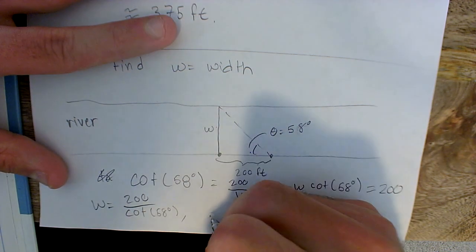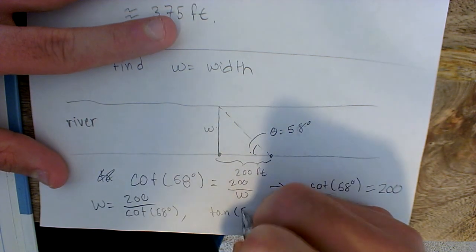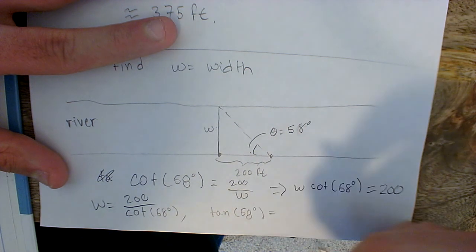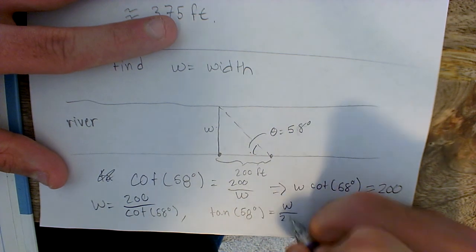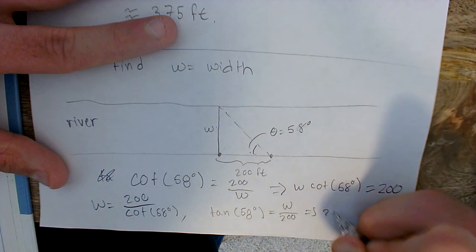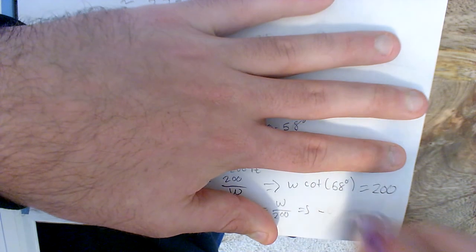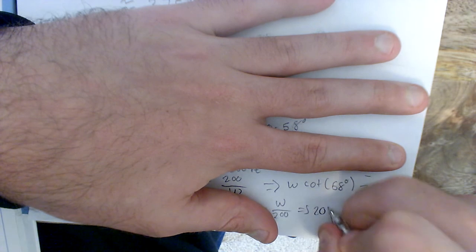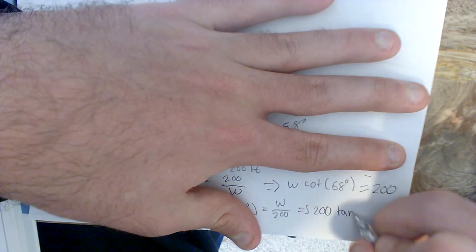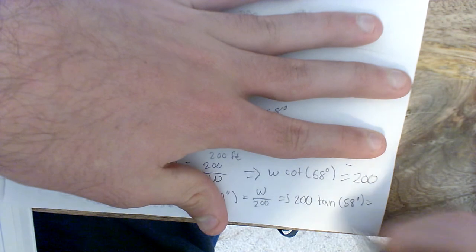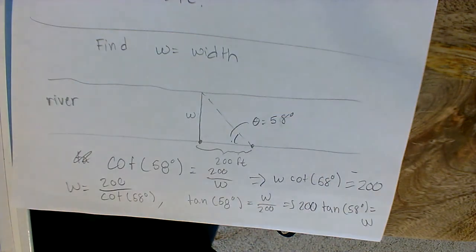If you want to do this with tangent, you would have that the tangent of 58 degrees is equal to W over 200. So this says that 200 times the tangent of 58 degrees is equal to W. Sorry, that got a little messy there at the end.